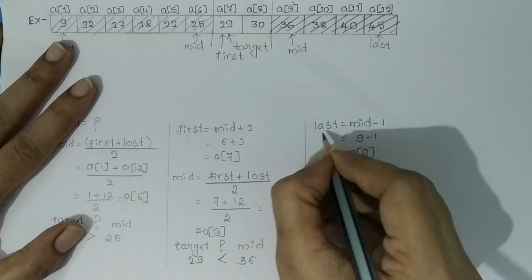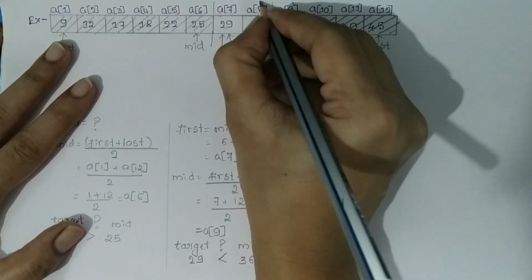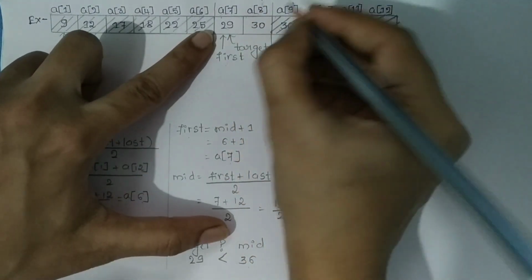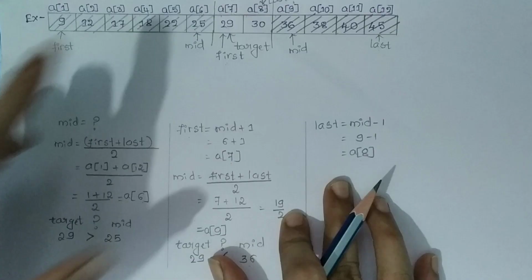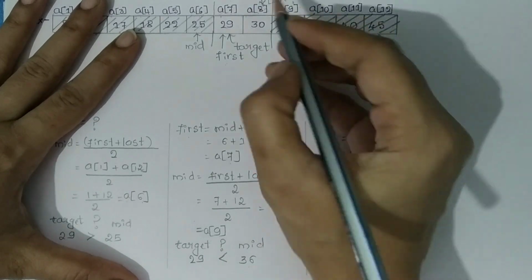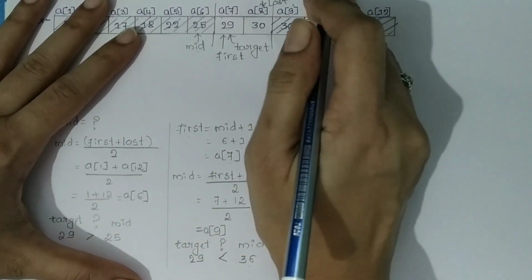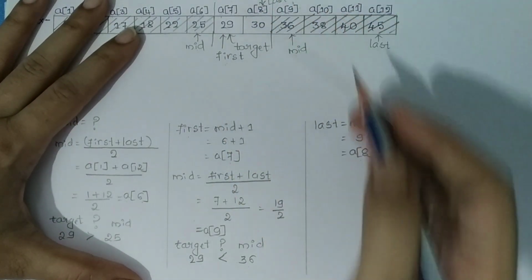Array of 8 will become last of the list. This is our last of the list.